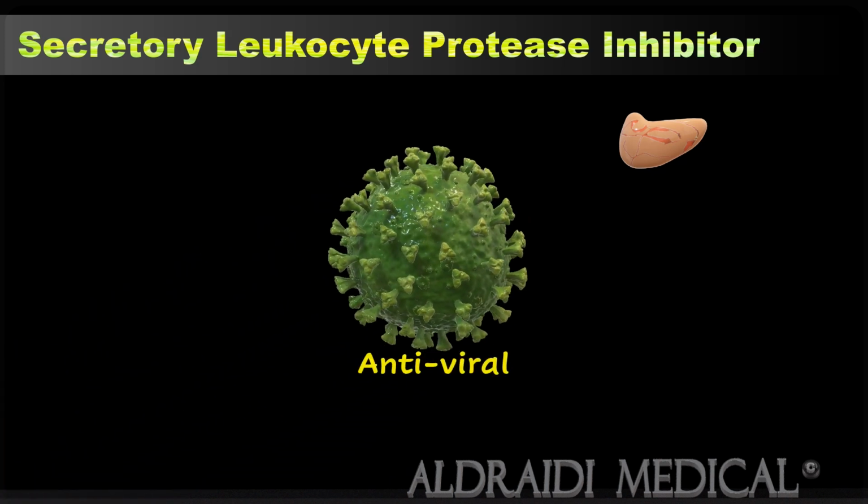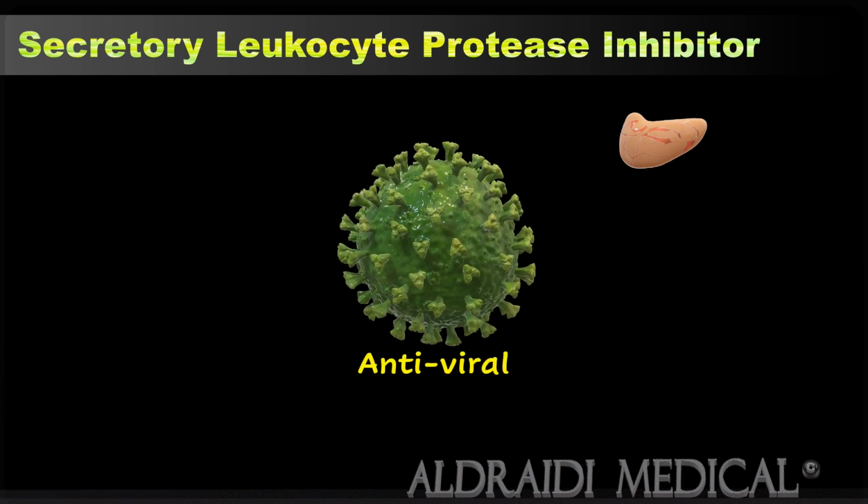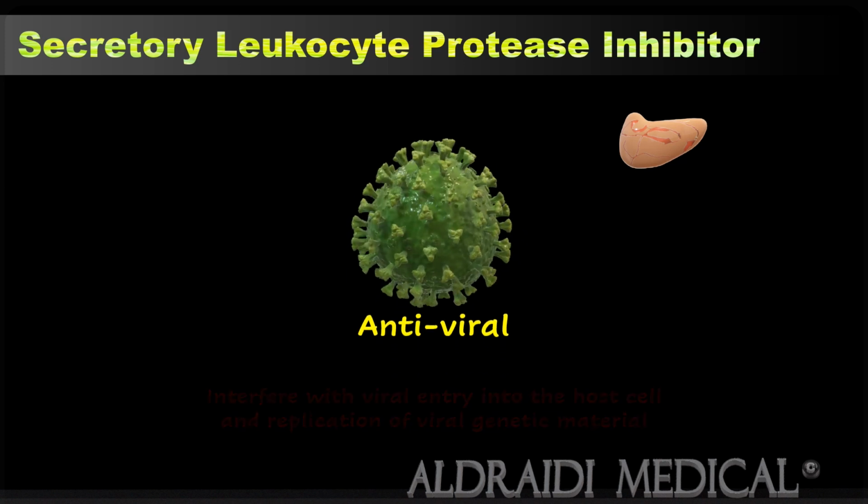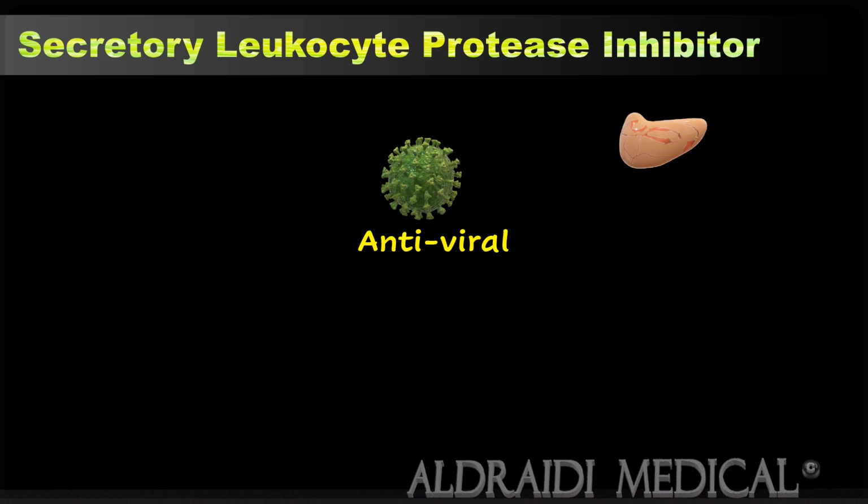The antiviral activity of SLPI is well noticed in physiological conditions rather than artificial ones, and it's likely due to the interference in events that are mediated by protease, such as entry into the host cell and replication of viral genetic material. Two examples of SLPI antiviral activity are seen in human immunodeficiency virus and human papillomavirus.